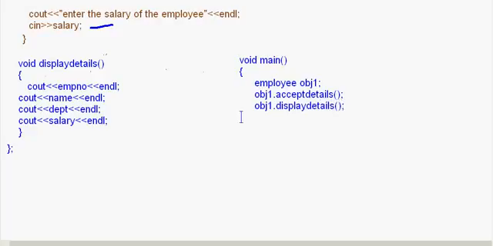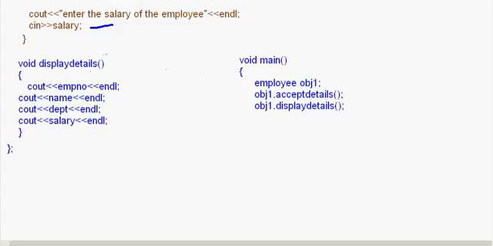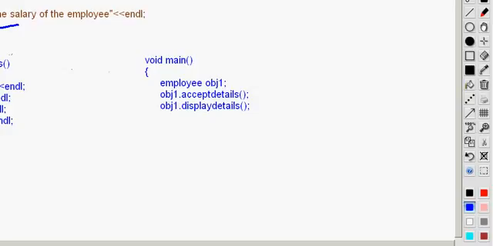right? So basically what happens here is, when I call the accept details method here, this goes to the method I have written as enter details, so it should be enter details over here, not accept details. So I'll change it, just a minute.